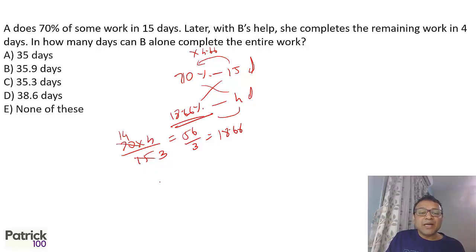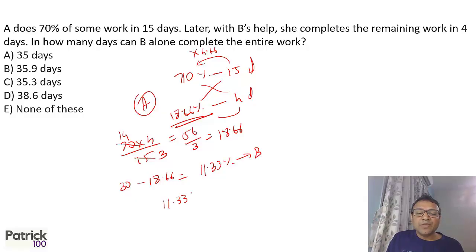So the balance is completed by B. This is by A. The balance 30 minus 18.66, which comes to 11.33%, is done by B. So B does 11.33% of the work in 4 days. So 100% of the work takes how many days? Cross multiply, 100 into 4 upon 11.33, which is also 11 1/3.